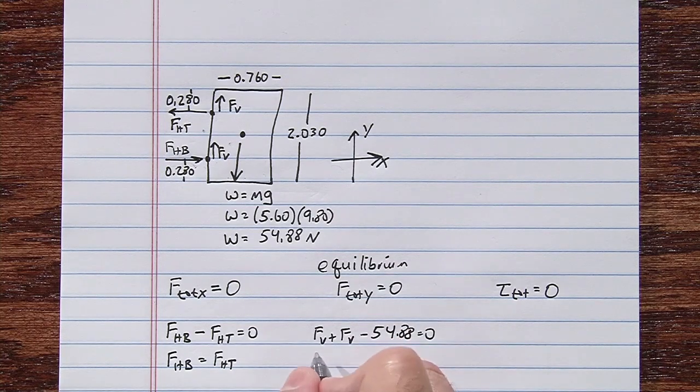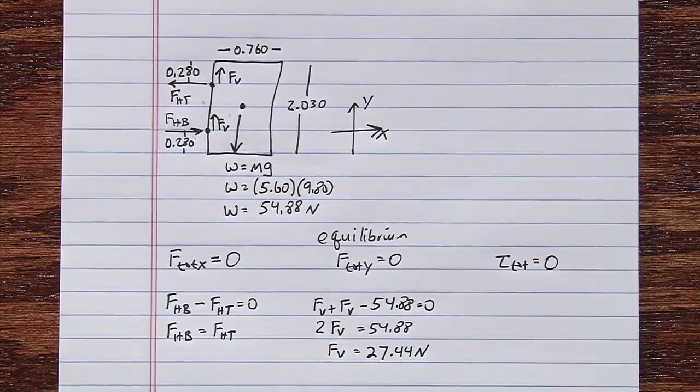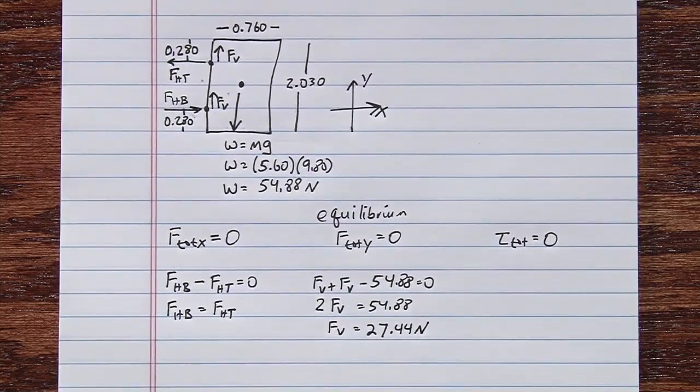And so that tells me that 2F vertical is equal to 54.88, or F vertical is equal to 27.44 newtons. So we've actually calculated the vertical force that each of the hinges applies, and in fact they each support half of the weight of the door.